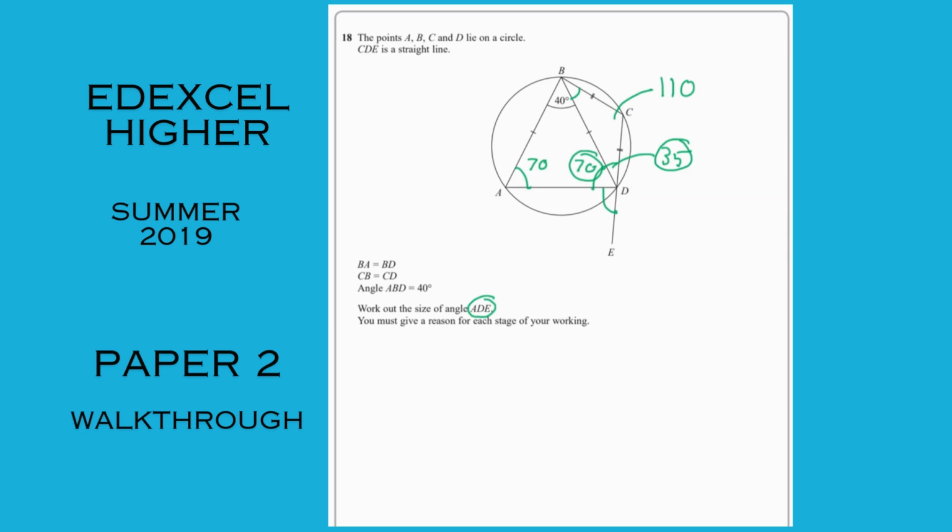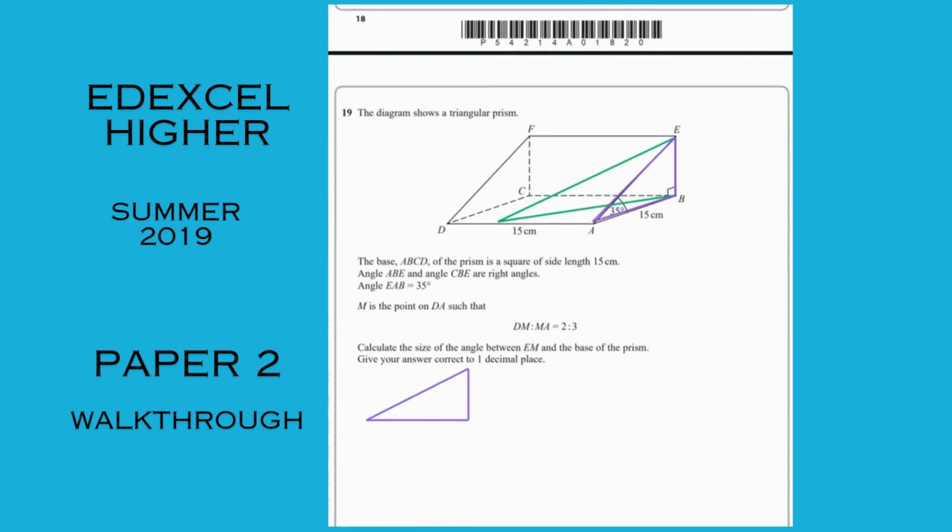Angles on a straight line add up to 180. So 180 minus 70, 110, take away 35, means angle ADE is 75 degrees. As I say, I've written that out in full, no shortcuts, on my worked solutions.